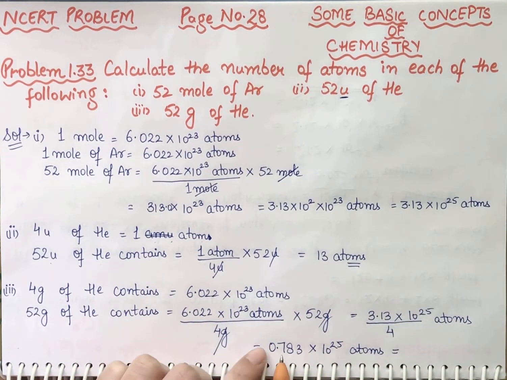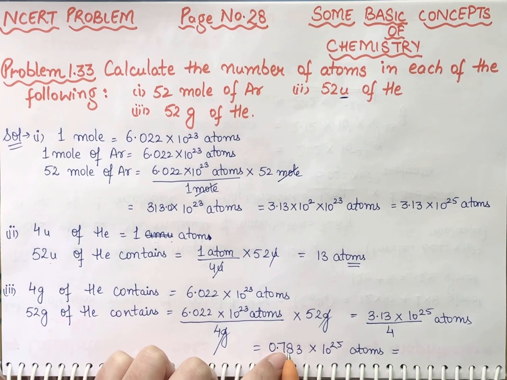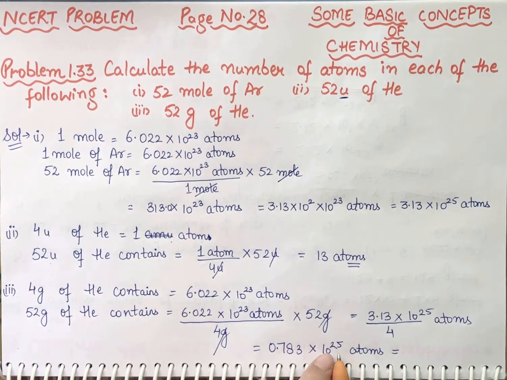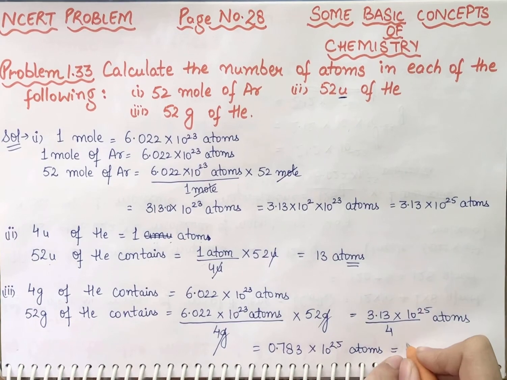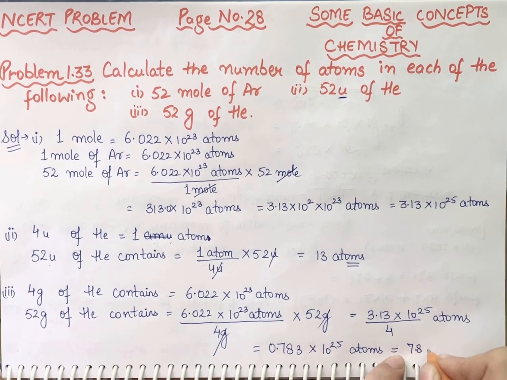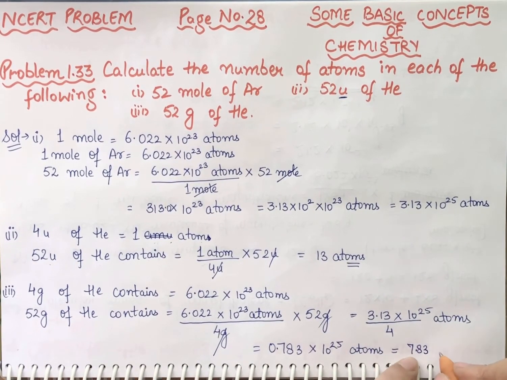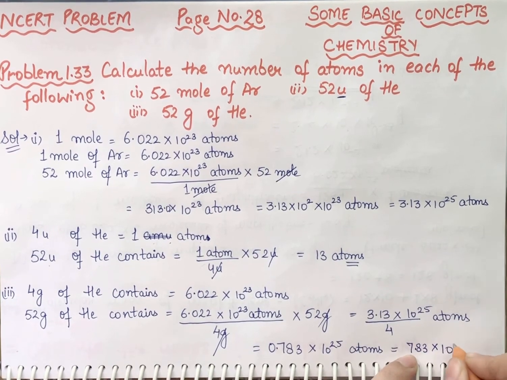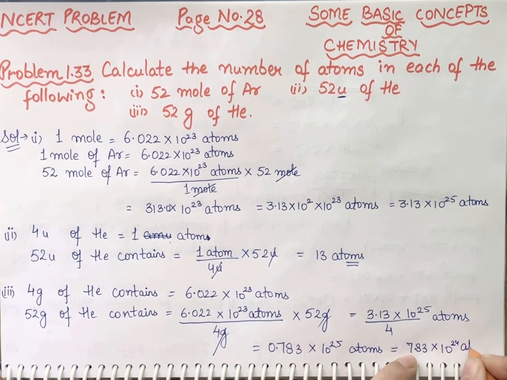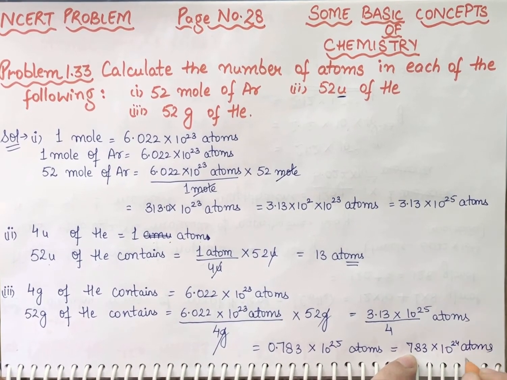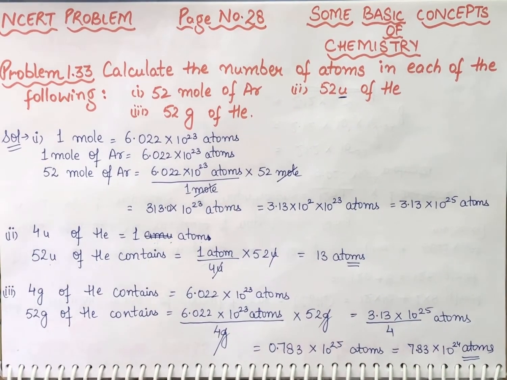Now if I'll move this decimal from left side to right side, that means I have to divide this value with 10. Okay, 10 means 10 raised to power minus 1. 10 raised to power minus 1 plus 25, that means 10 raised to power 24. Okay, so 7.83 into 10 raised to power 24 atoms is your final answer.